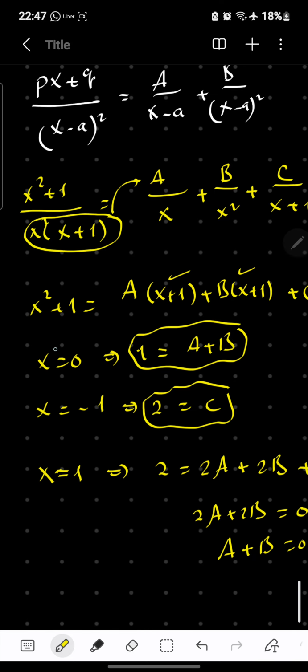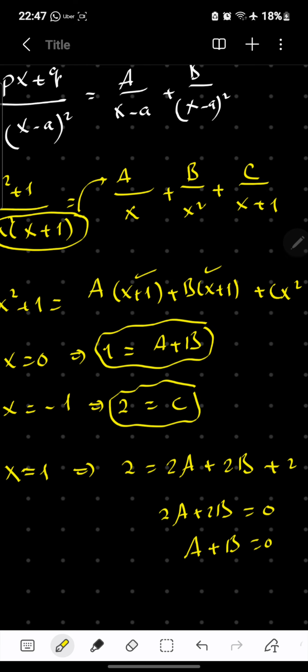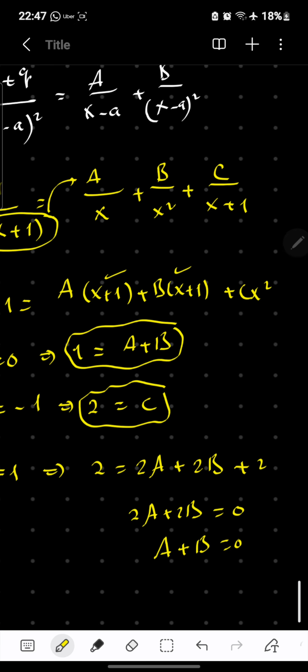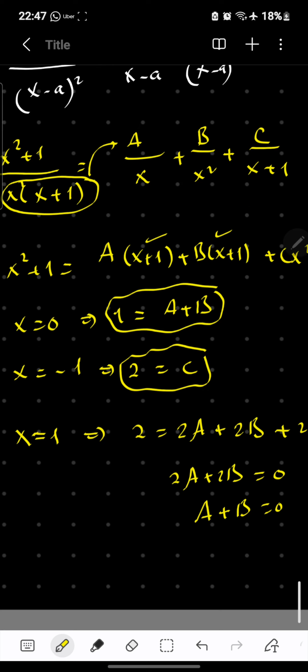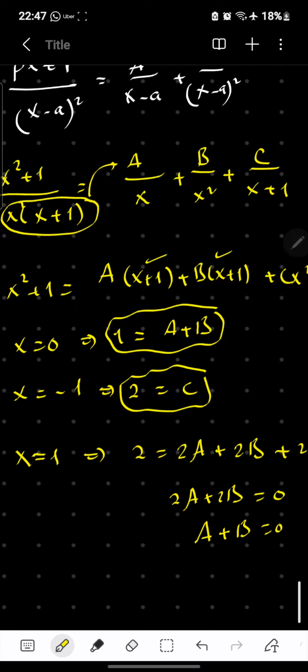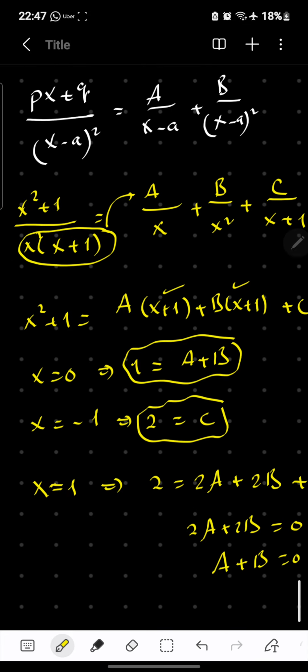If we put 1 here, okay, x minus 1, it will be 2 equals c. It's okay. I think something's not right here. Okay, we have a mistake in this one.